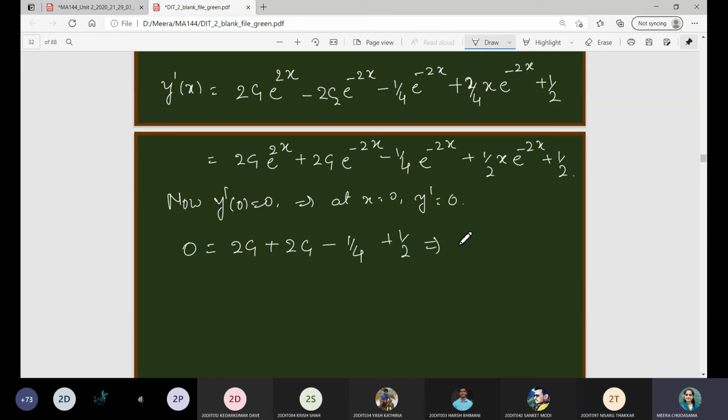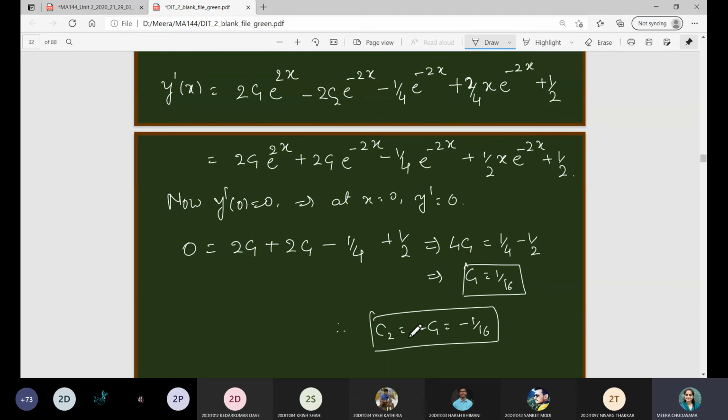Minus 1 by 16. Sure? Yes, ma'am. Okay. 4C1 is equal to 1 by 4 minus 1 upon 2. So this you can solve, and C1 is 1 upon 16. And therefore C2, which is minus C1, will be minus 1 upon 16.